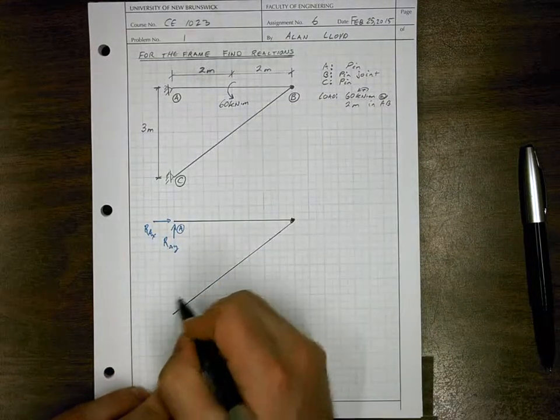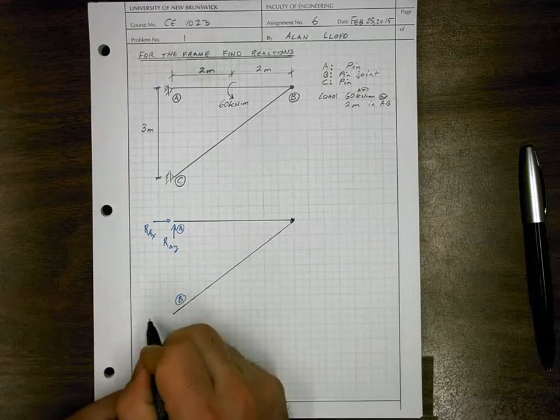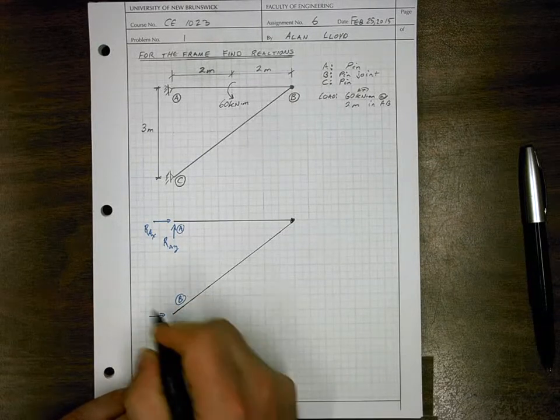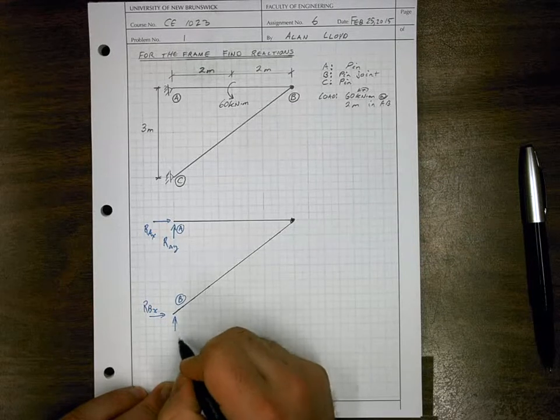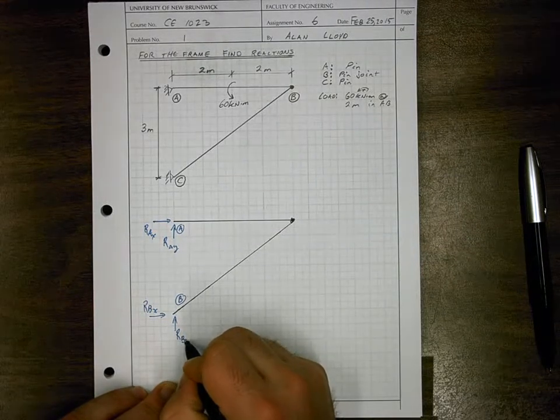We also, at location B, have a pin, so we should place a horizontal reaction force RBX and a vertical reaction force RBY.